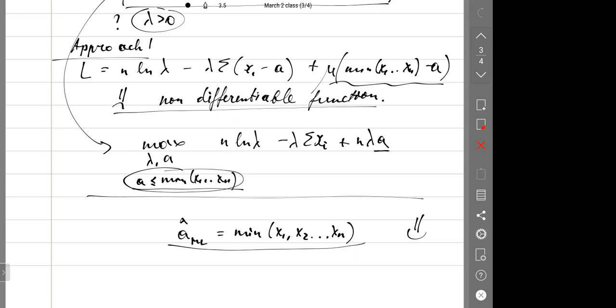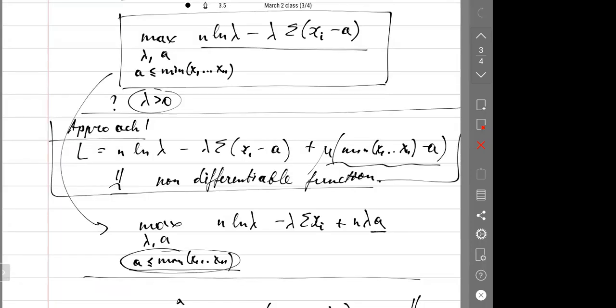Obviously, the maximum of a monotonic function is on the border. The border is A equal to the minimum. What is left is optimization with respect to lambda. We can plug A into our function.